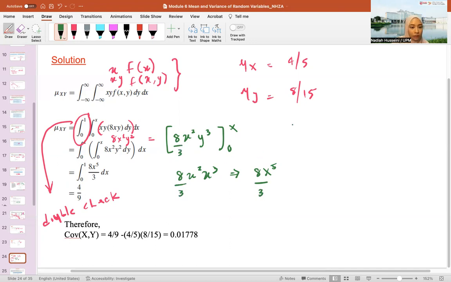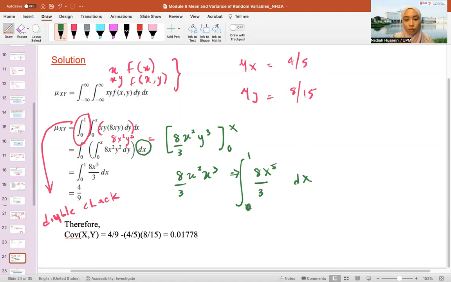Okay, so the next one is integrating with respect to x. Oh, okay, so this is why we don't have the x anymore. Because if we were to put in the boundary as x to 1, then it wouldn't be a value. So we can't have that to happen for a mean. But I still need clarity on that one. Okay, so let's just stick to the solution first.